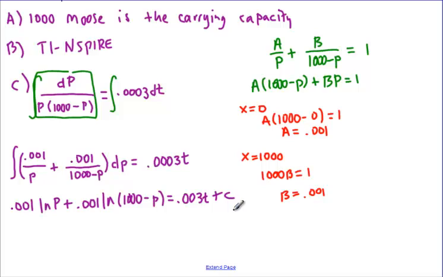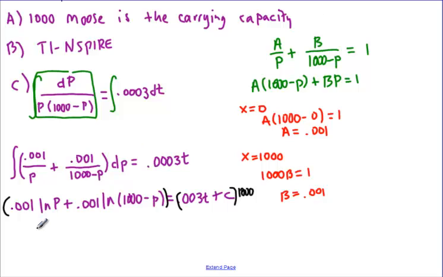And one thing that I like to do is to get rid of nasty little decimals. So if you'll notice, everything's a factor of 1,000 here. And so if I multiply my whole side on the left and on the right by 1,000, that's going to get me to ones.